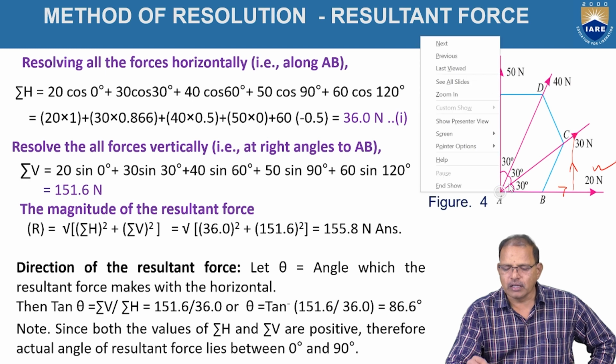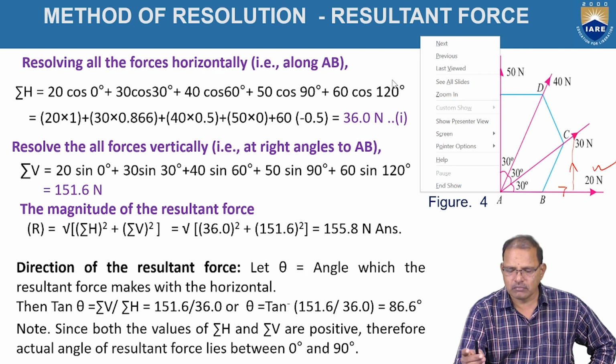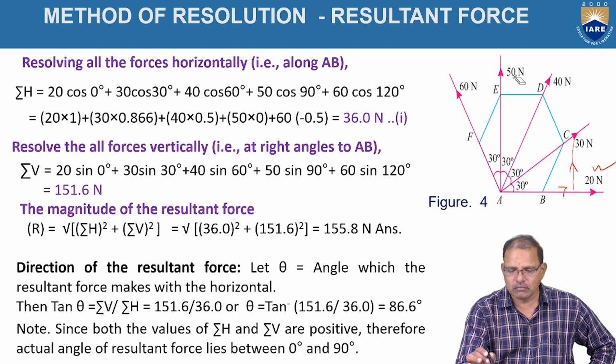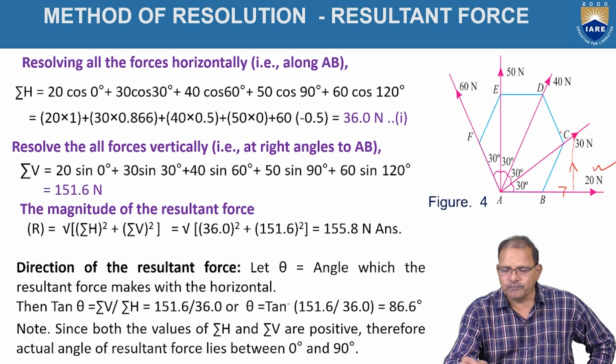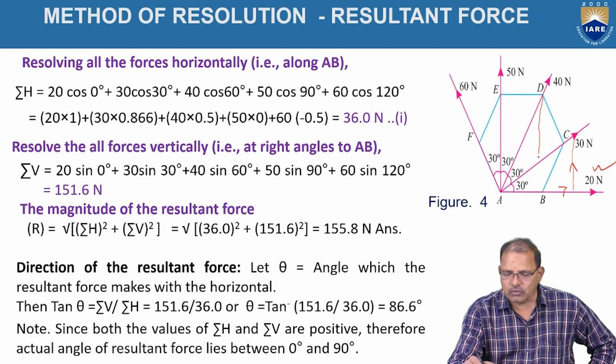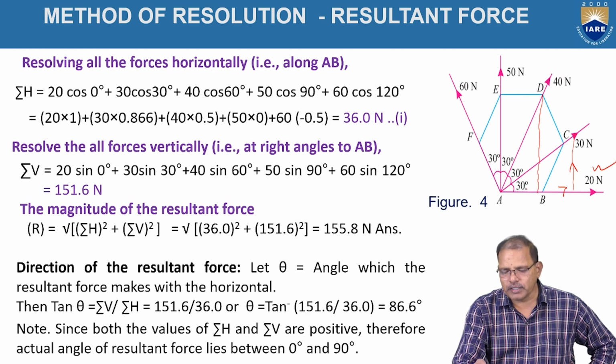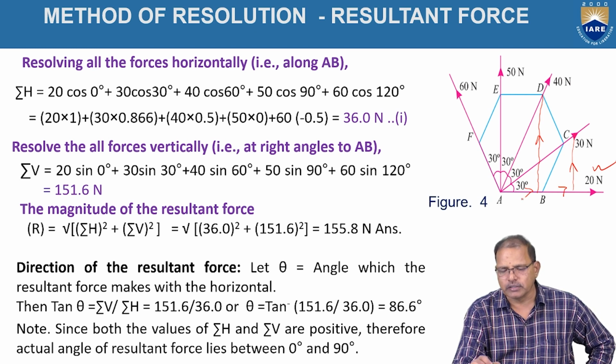Similarly, AD, when it is resolved into 2 components, here I am drawing the 2 components like this. The horizontal component is moving toward the right hand side, and the vertical is again moving upward. The fourth force is there, 50 newtons, vertically. It is having only one vertical component, there is no horizontal component.